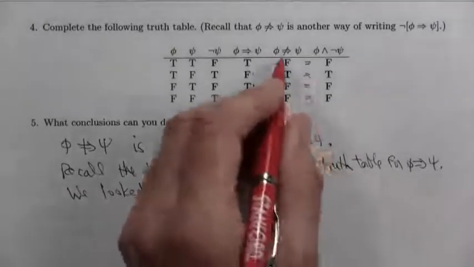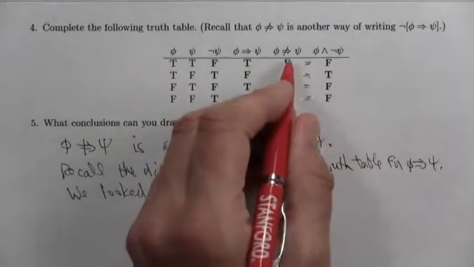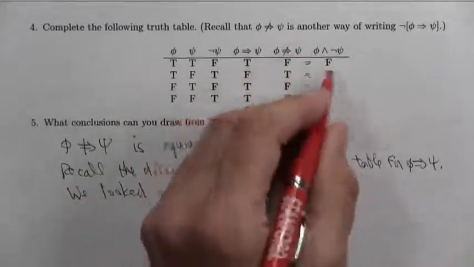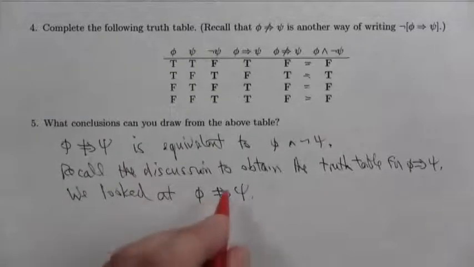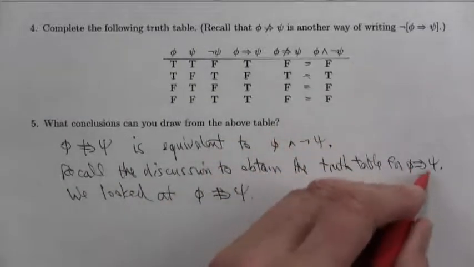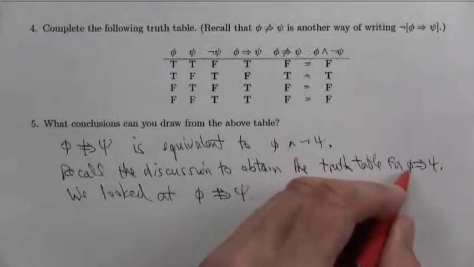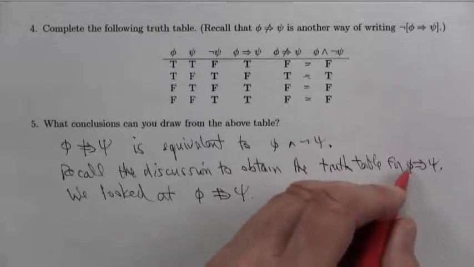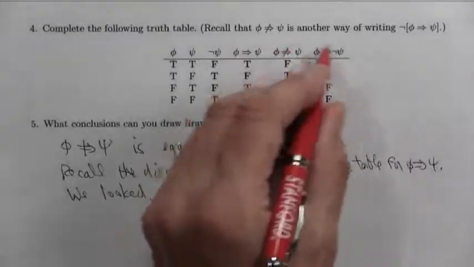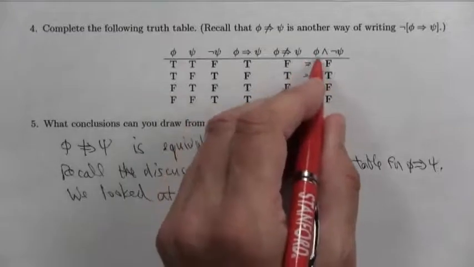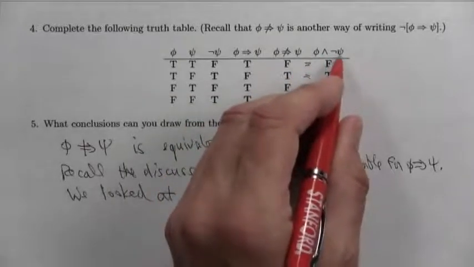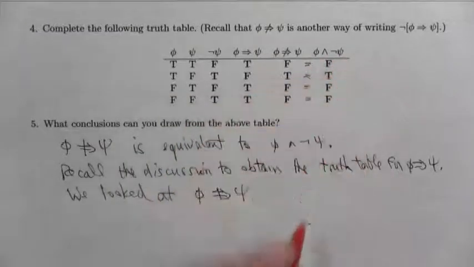And this truth table here sort of shines a light on what was going on. It explains to us why looking at that enabled us to work out the two problematic truth values for the truth table for implication when phi was false. Because it's this equivalence that we were capitalizing on: that phi does not yield psi if phi is true and nevertheless psi is false. Okie dokie? Well, that's questions 4 and 5 for you. How did you do?